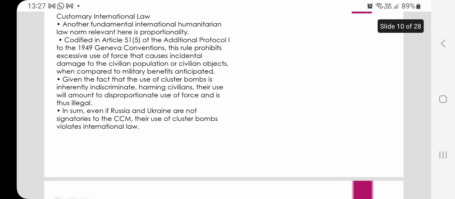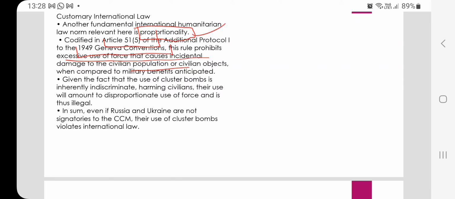Under Article 51, Clause 5, Additional Protocol 1 of the 1949 Geneva Convention, the rule prohibits the excessive use of force that causes incidental damage to the civilian population when compared to the military benefits anticipated. An additional thing is that customary law contains a principle: the use of force must be based on the principle of proportionality.